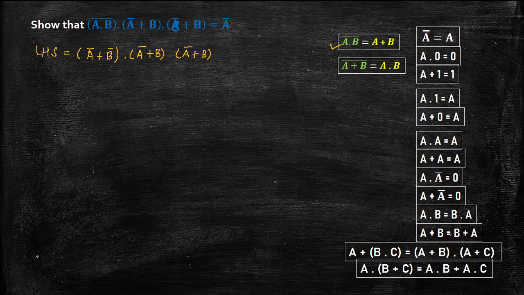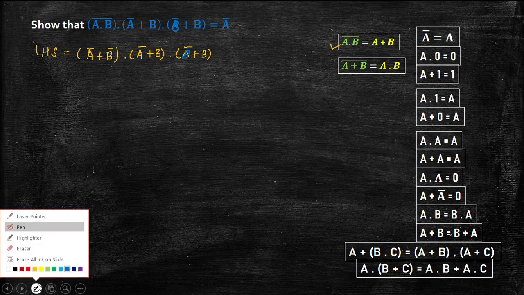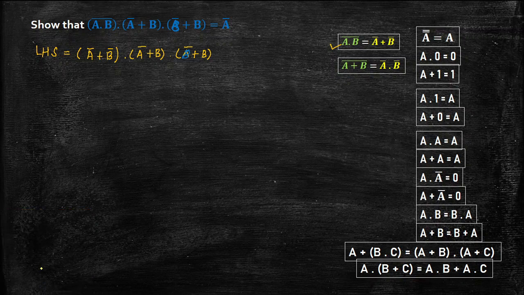It's a b bar, so therefore let me change. Okay, so this should have been b bar, right? So b bar plus b. Let me change the color again.